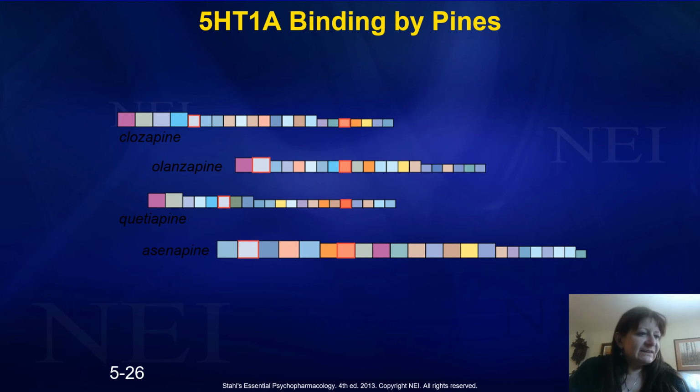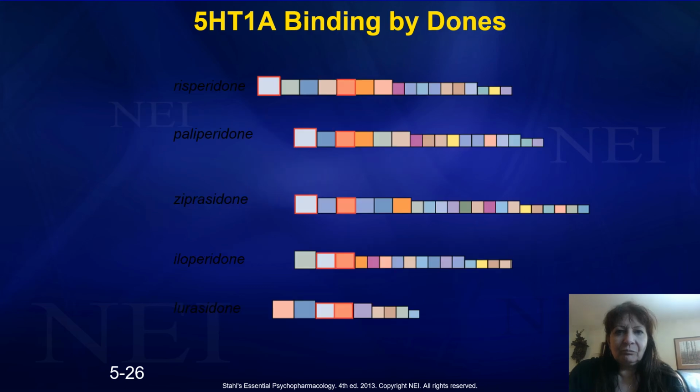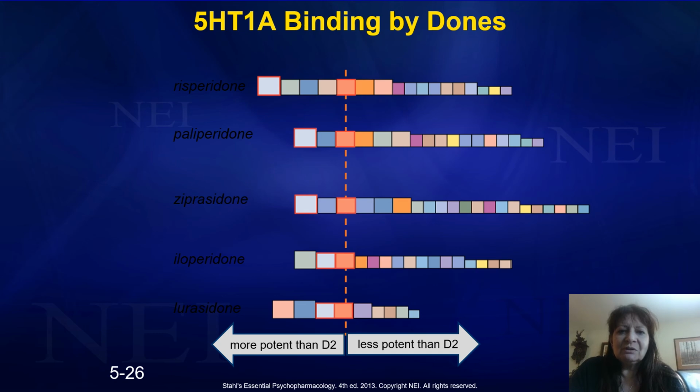This is giving us information about the 5-HT1A binding by the -pines. Again, we see the dopamine, and we see the differences in the 5-HT1A binding. Again, 5-HT1A binding by the -dones.